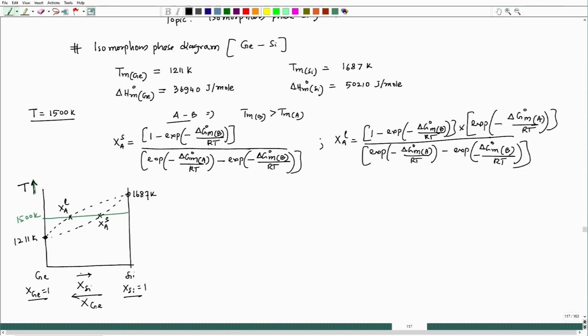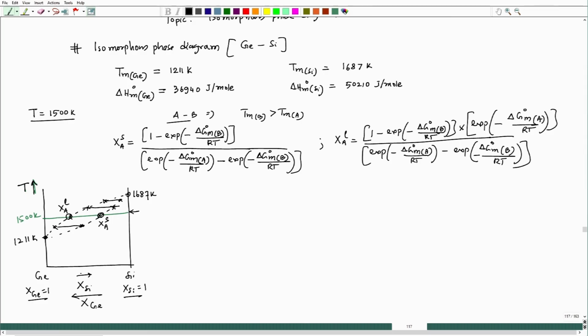So, our interest is to calculate these 2 points. If you follow it up at different other temperatures, you should get all those points like this. But our interest is this temperature. We will be using this formula.